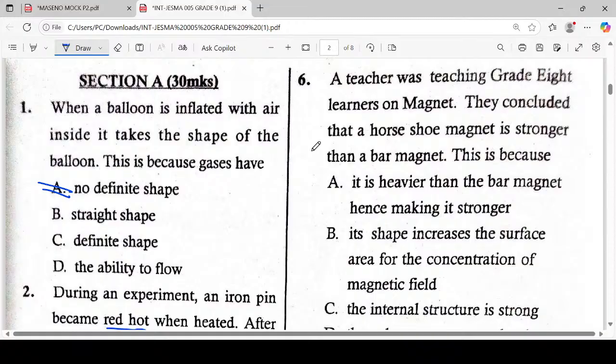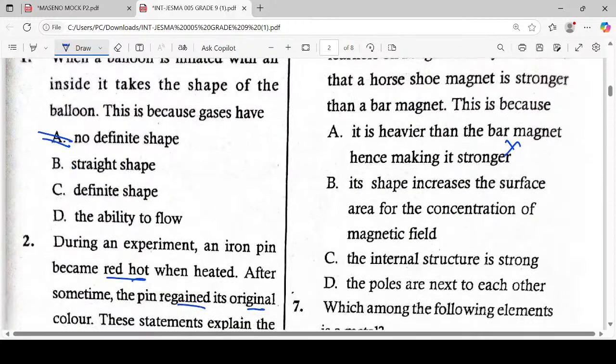This is because, part A, it is heavier. It is heavier, hence making it stronger. No, in fact, a horseshoe magnet is not heavier. Its shape increases the surface area for the concentration of the magnetic fields.